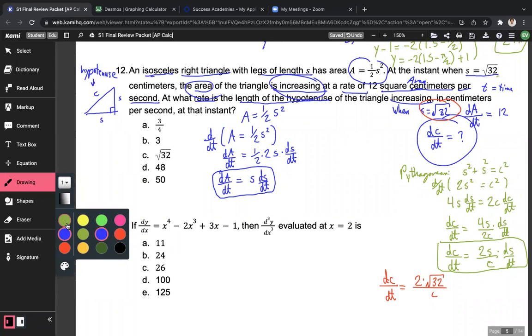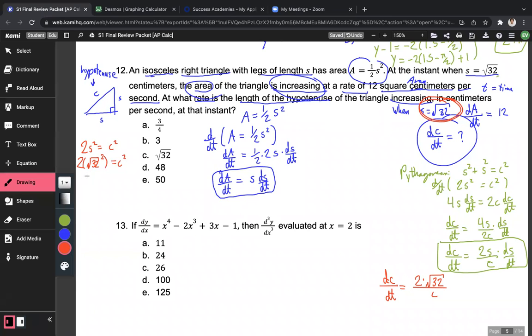I'm going to come over here to do this. We said originally with our Pythagorean guy that s squared plus s squared equals c squared, or 2s squared equals c squared. So let's do that in the margin here. 2s squared equals c squared. What is s? We've already said it, root 32. So 2 times square root of 32 squared equals c squared.